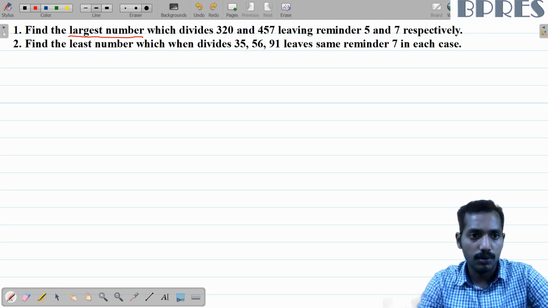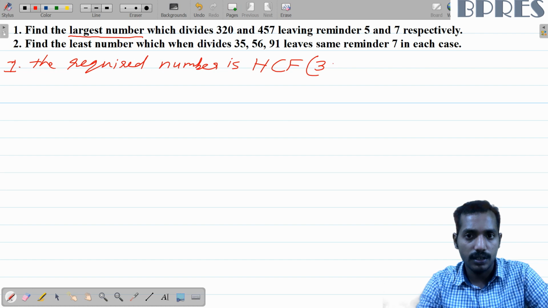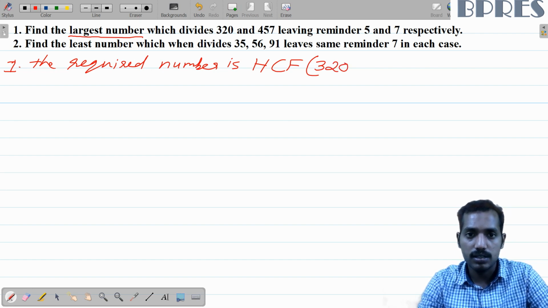So for question number 1, the required number is the HCF of 320 and 457. But the problem is that while dividing 320 it leaves the remainder 5, and in the case of 457, the remainder is 7.